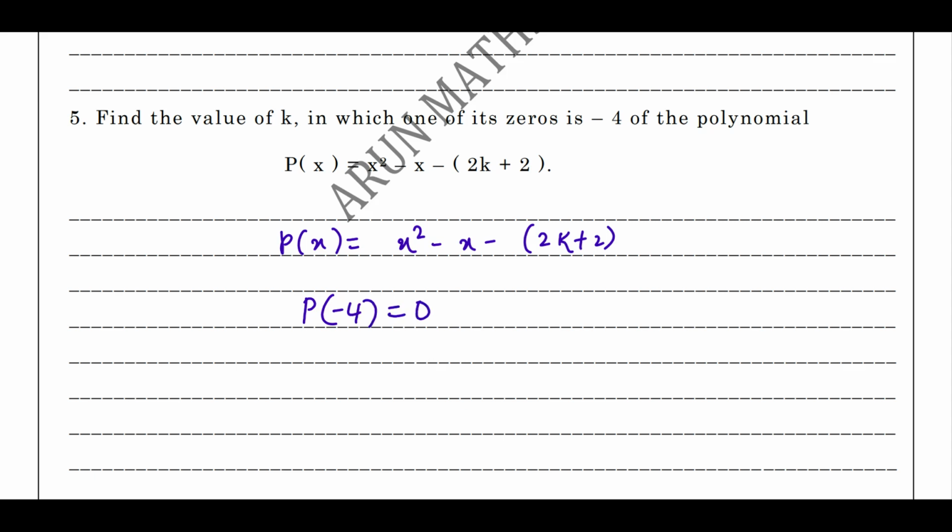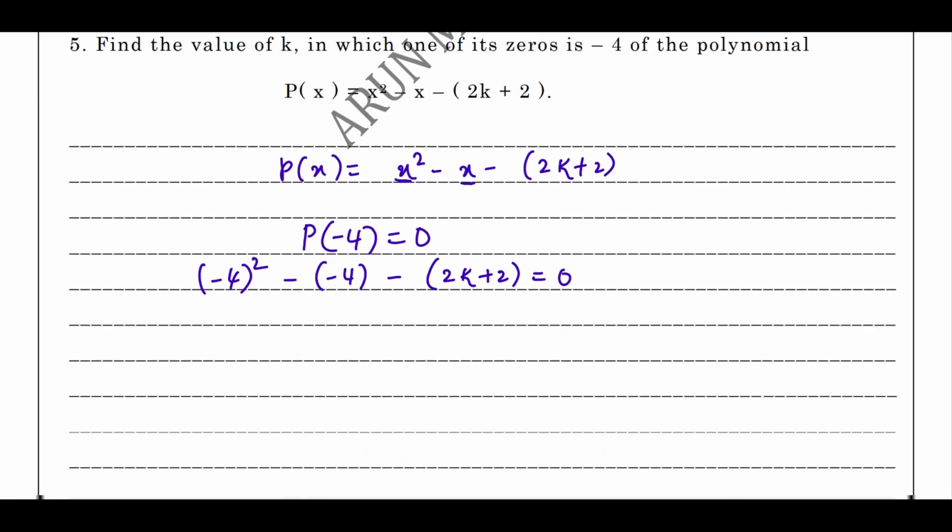If you substitute in place of x as minus 4, you get 0. So substitute minus 4: minus 4 whole square minus of minus 4 minus 2k plus 2 equals 0.